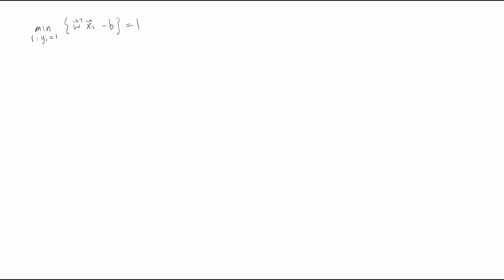That's because the data point that is closest to the hyperplane should have a distance of exactly the margin, right? And a similar thing for the negative classes: min over i where yi equals minus 1 of, actually we need a negative sign here, minus w transpose xi plus b equals 1, right? So we're going to simplify these a little bit.